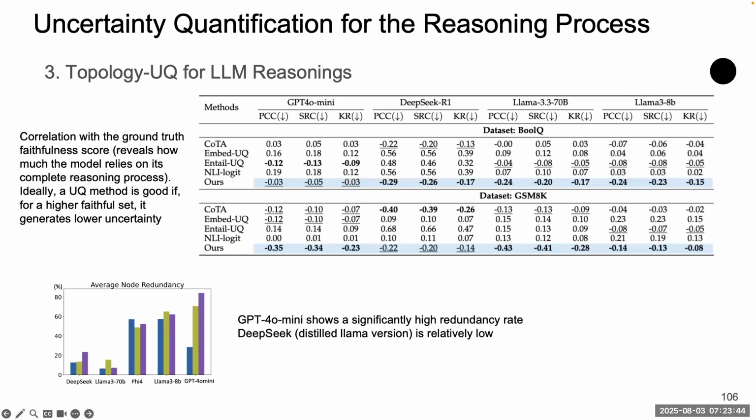And they also have a very interesting finding. With these topologies specified on the reasoning steps and comparisons between the reasoning steps, they are able to further analyze the redundant nodes for a certain graph. So the redundancy rate of a reasoning path can now be measured. They show that GPT-4o-mini has a significantly high redundancy rate in both nodes and edges.